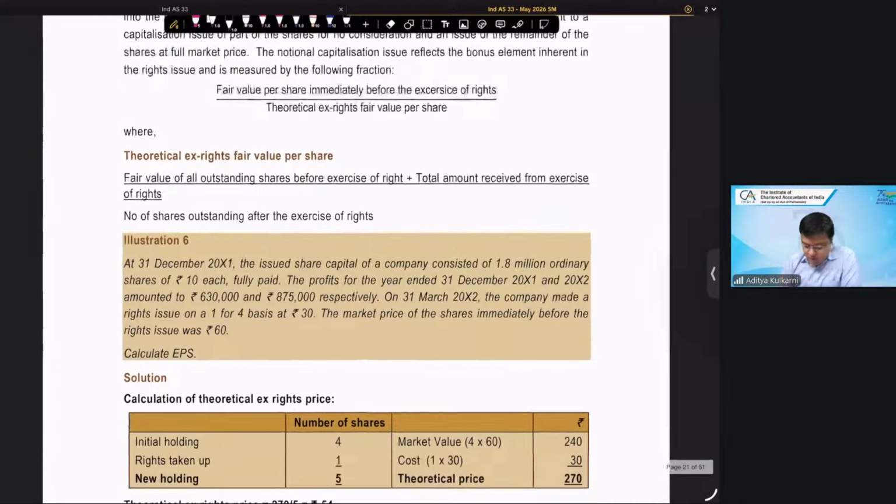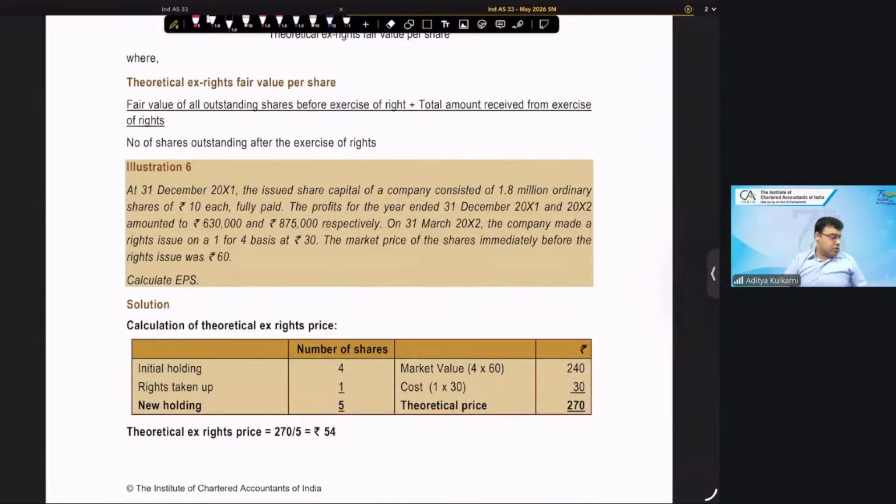So now let us do this question which covers the concept. At 31st December 20x1, the issued share capital of a company comprises of 1.8 million ordinary shares of rupees 10 each. It means 18 lakh shares, fully paid.